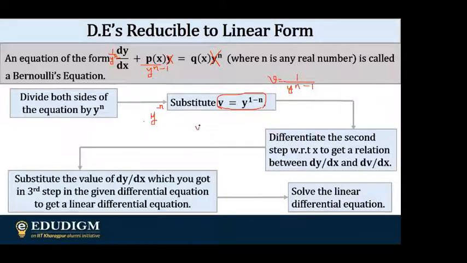This is y to the power minus n plus 1. So somewhere down the line, you know that they are actually just differing by 1 in the exponent. So if you differentiate this, this is what you're going to get.